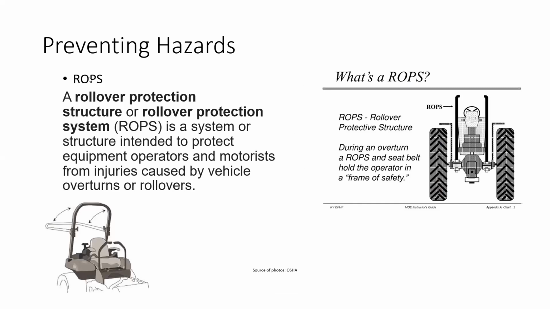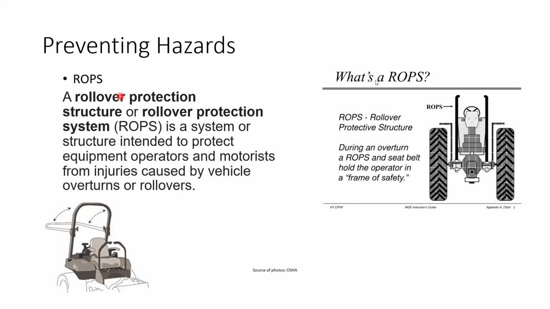Okay, what is the ROPS? ROPS is a rollover protective structure or a rollover protection system, as you see here. It is a system or a structure intended to protect equipment operators, or motorists, from injuries caused by vehicle overturns or rollovers.